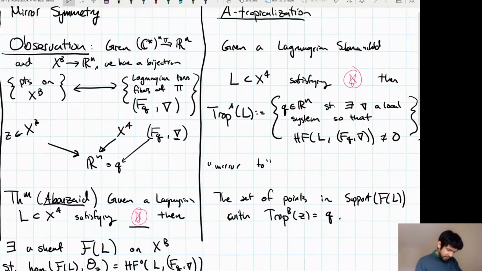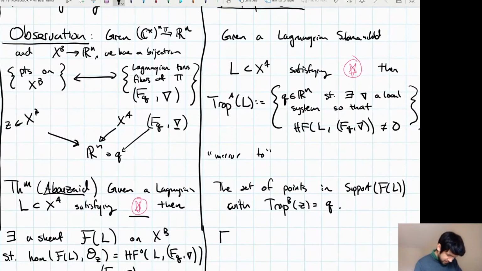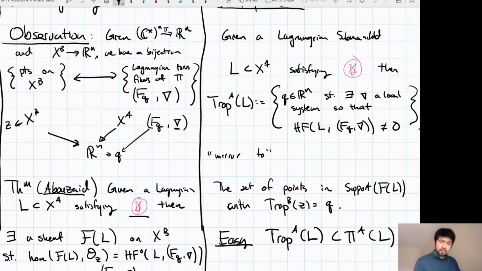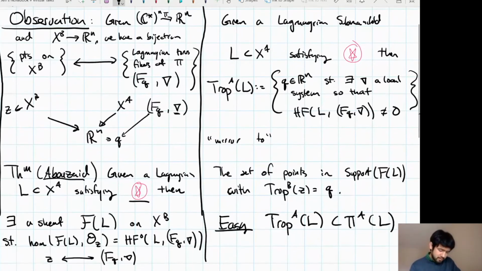There's an easy thing to see, which is that the tropicalization of L is a subset of the projection of L down to the base.